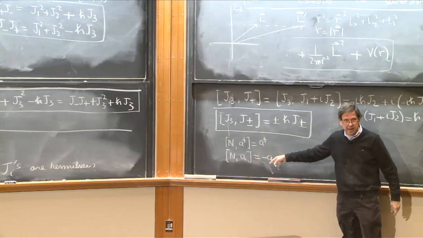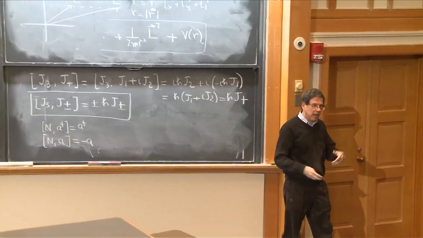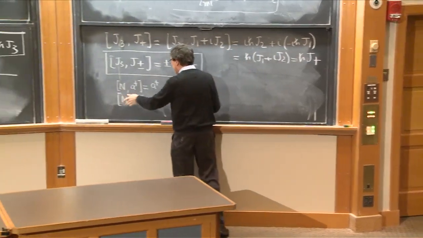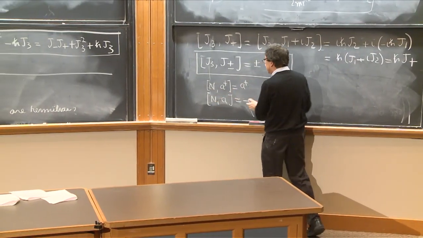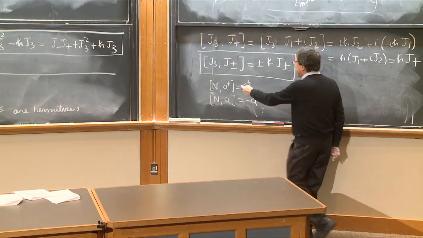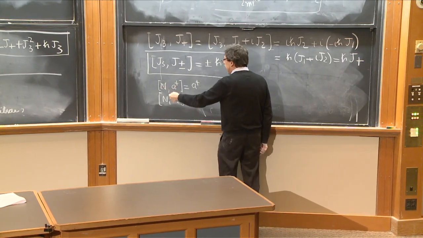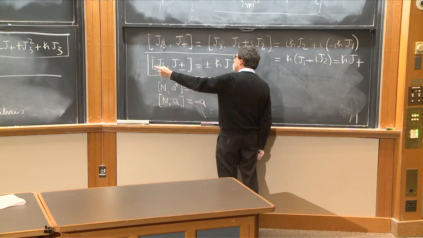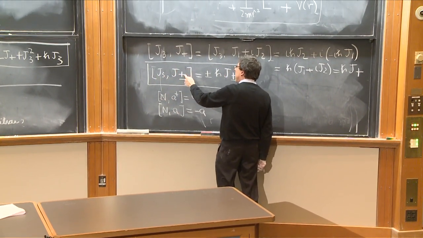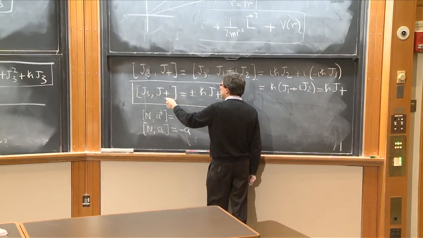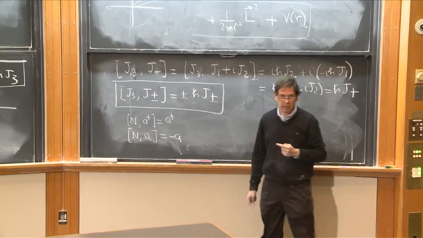A and A dagger were adjoints of each other, and with respect to N, a counting number operator, one increased it, one decreased it. A dagger increased the number eigenvalue of N. A decreased it. The same way it's going to happen here. J plus is going to increase the z component of angular momentum, and J minus is going to decrease it.